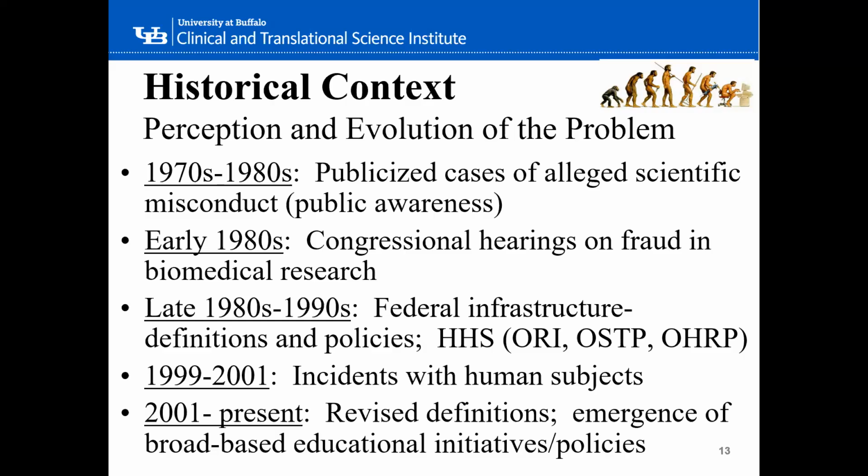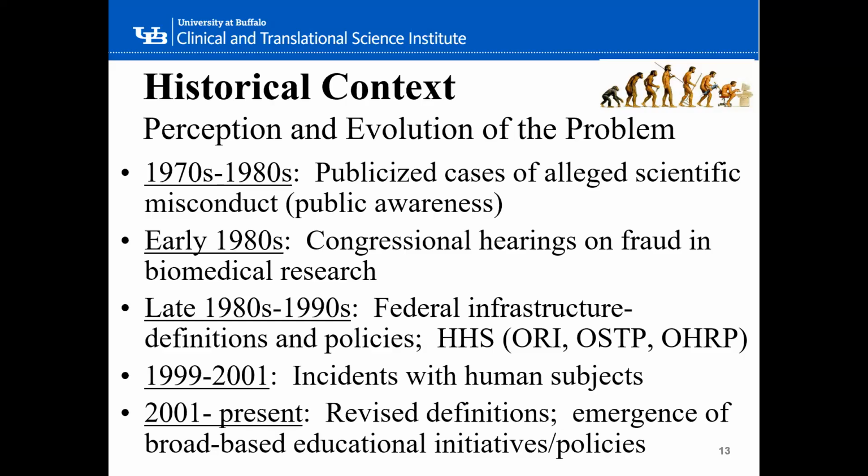Late in the 1980s into the 1990s, a federal infrastructure was developed. Definitions of research misconduct were agreed upon, and then policies were put in place under the Department of Health and Human Services, the Office of Research Integrity, the Office of Science and Technology Protections, and the Office of Health Research Protections.